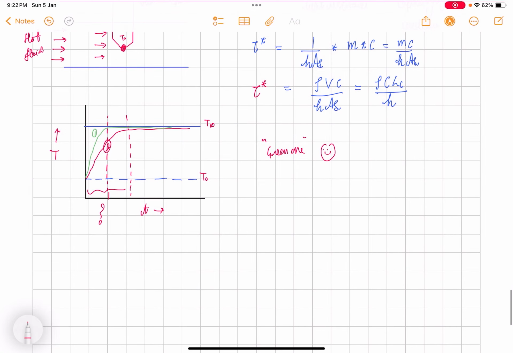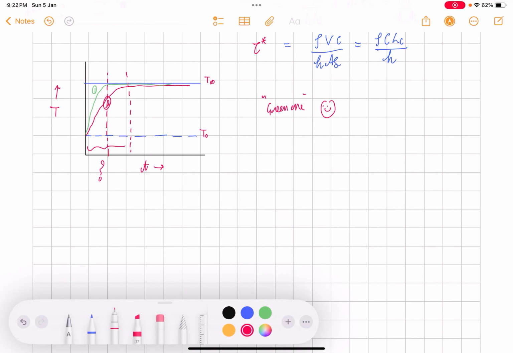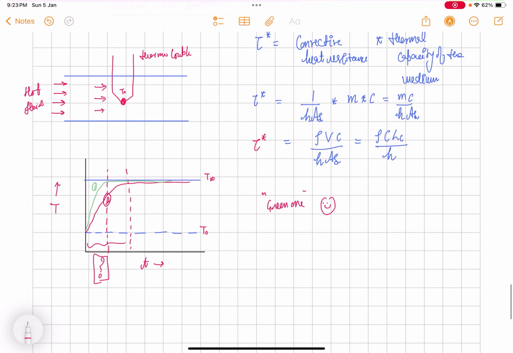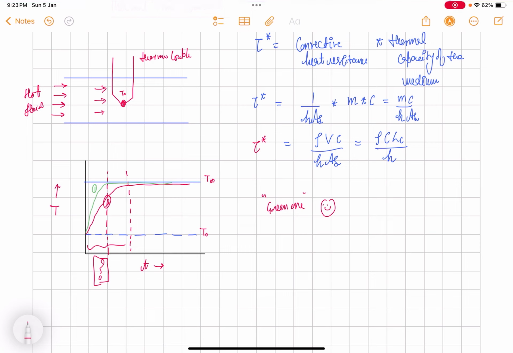So let's now do some calculations to find after how much time we can say that the thermocouple or any lumped body has reached the ambient fluid temperature.